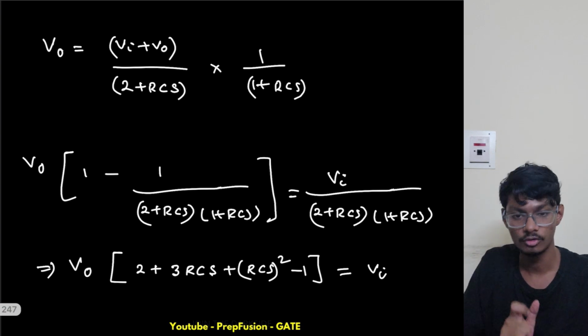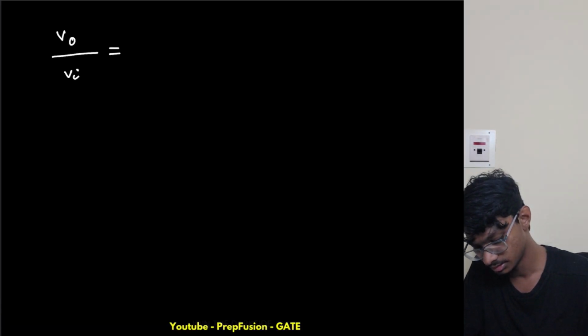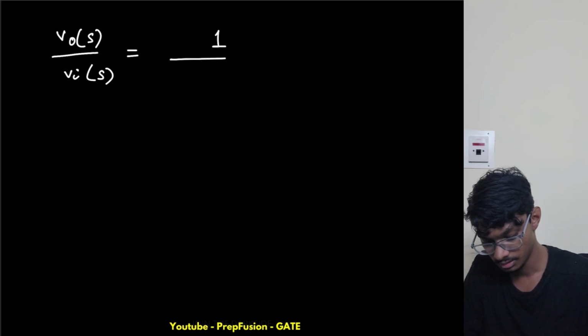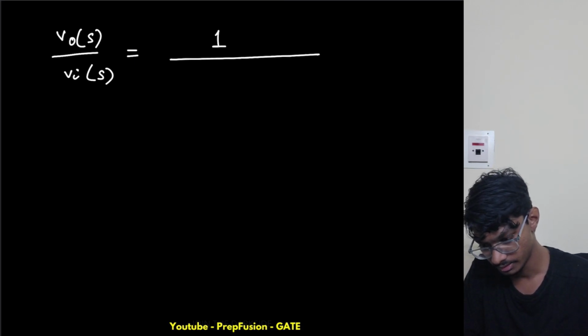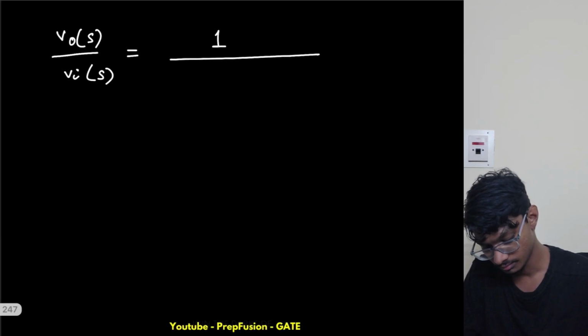So what is Vo over Vi? Now we can write s, as we are in the final stage. This is 1 divided by 1 plus 3 RCs plus (RCs) whole square.